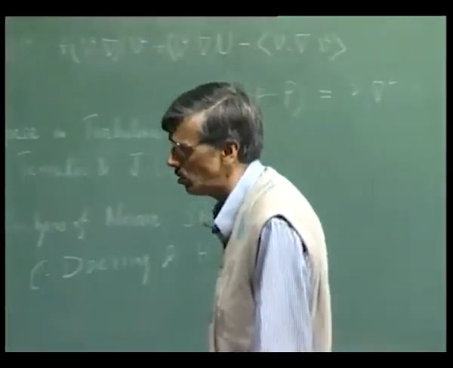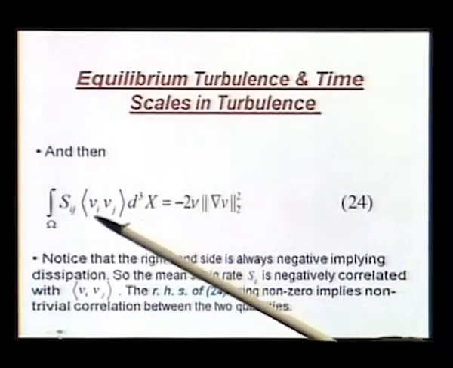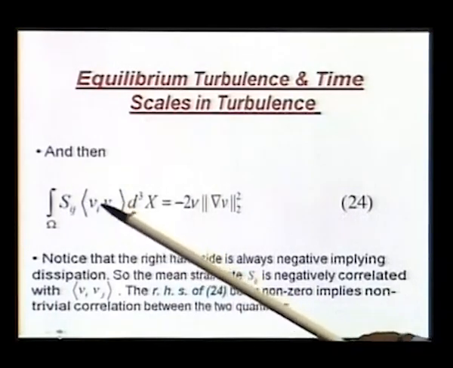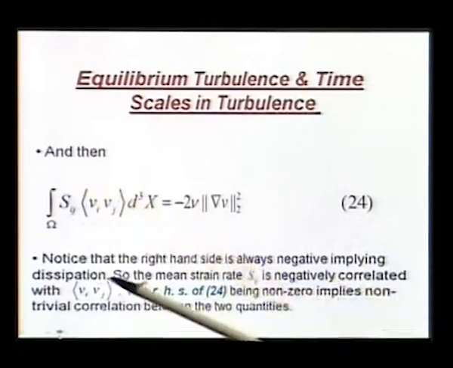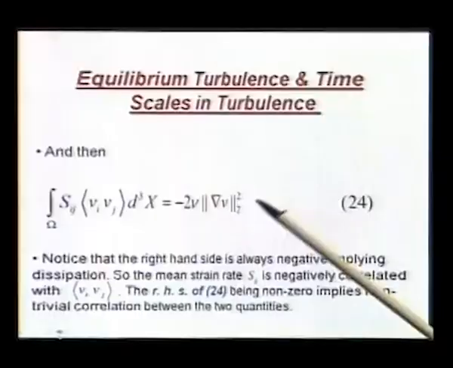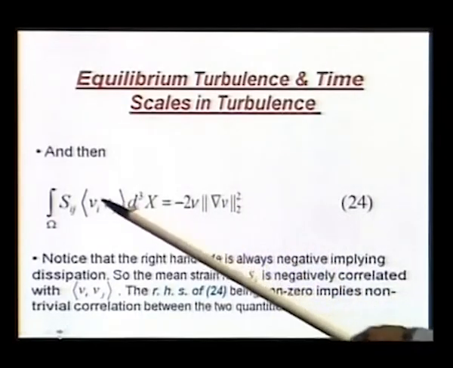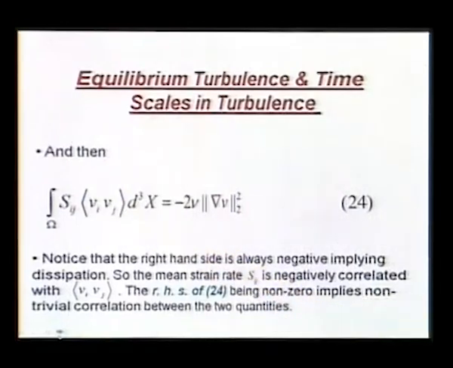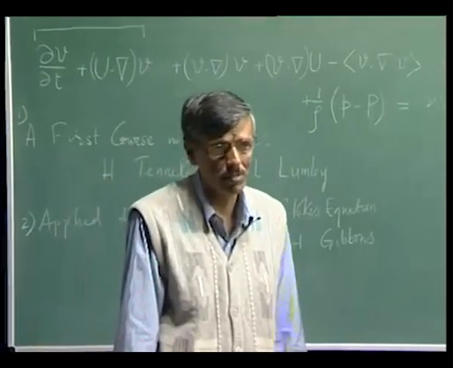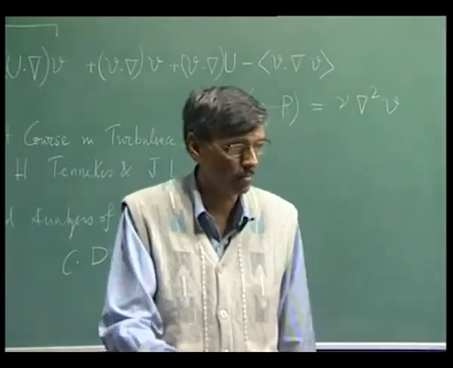So, this is the observation that we would like to make note of, that the Reynolds stress related to the mean strain, when you integrate over the whole domain, is determined by the viscous diffusion term. And the negative sign here implies that the overall effect of v_i v_j integrated over the whole domain has to be of a similar effect like what you expect out of dissipation.